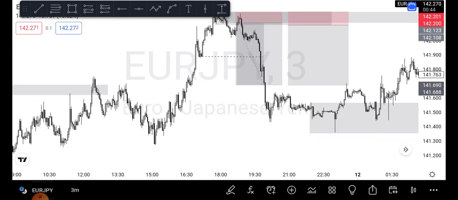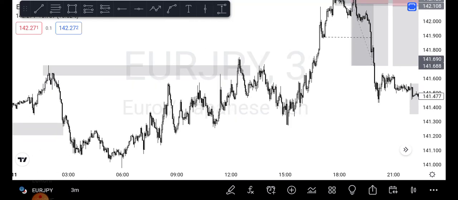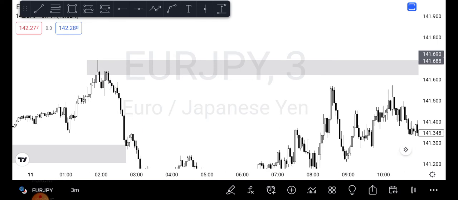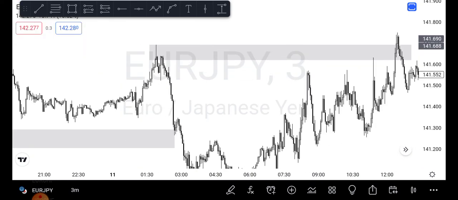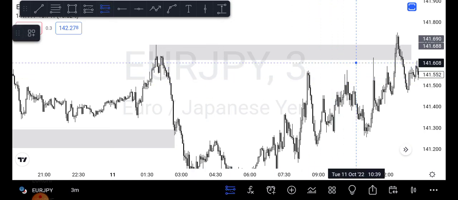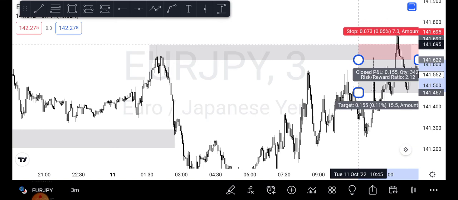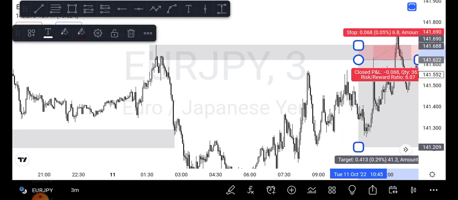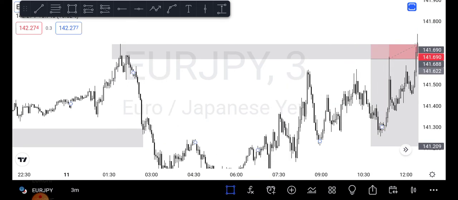Okay, let's go to other zones. Let's say I want to be shorting from here, this place. Though the trade would have lost, I just want to bring out a point.